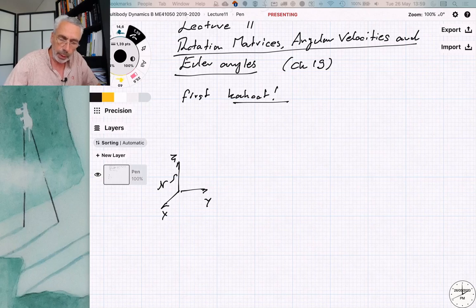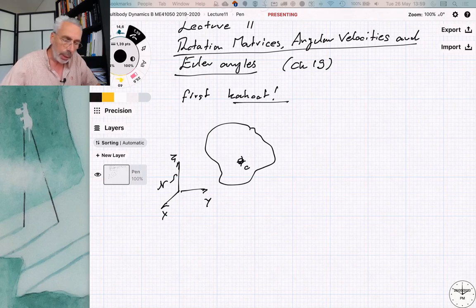And then we had a potato-like thing, and in the potato we have this particular point, the center of mass C, and usually there's a coordinate system attached to that, which we call the body fixed frame. Usually we denote that with primes. And that's fixed, of course, to the body. And this is fixed to the world.